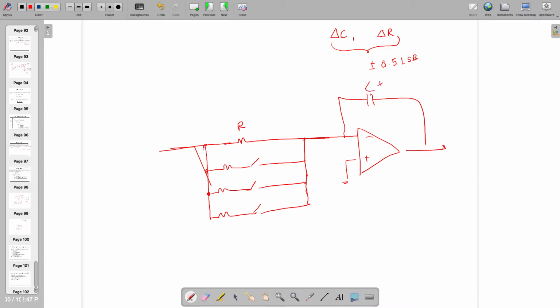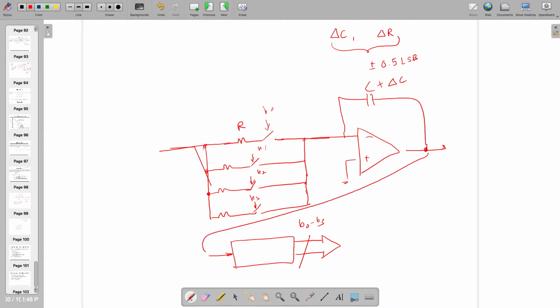Let it be changed by delta C, no problem. But to change the switches, these are B0, B1, B2, B3, and these are generated from here, where the input for B0 to B3 is coming from maybe the output of this one, where you are measuring the frequency and comparing it with the required frequency.